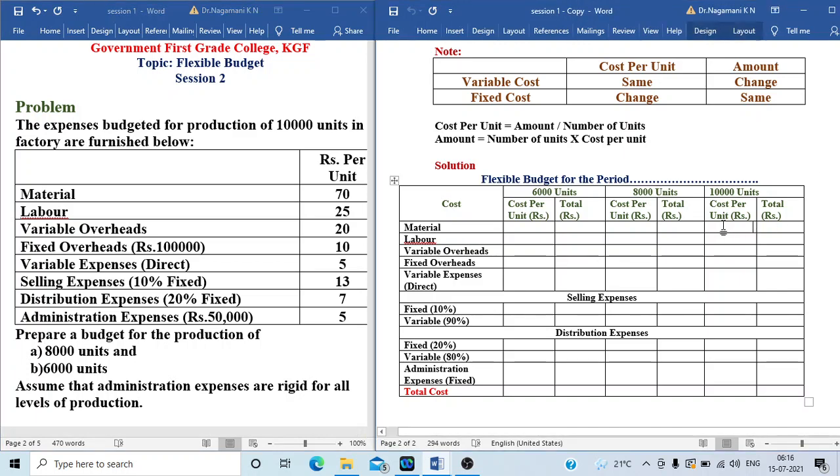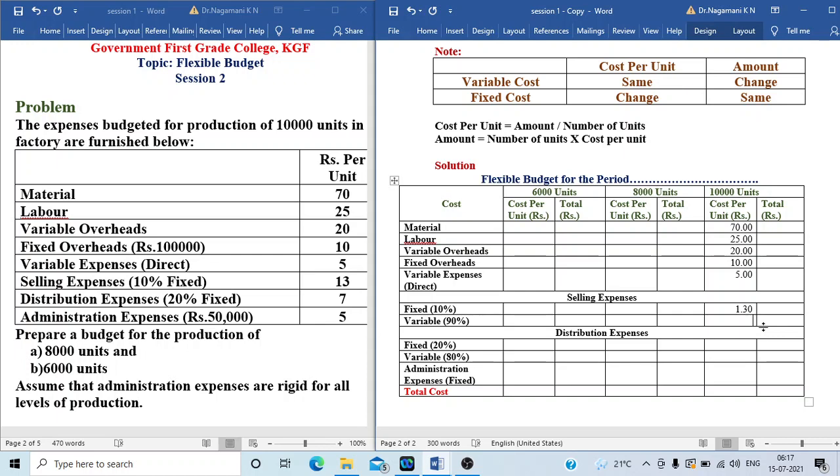For material, cost per unit for 10,000 unit is 70, labor is 25, variable overhead is 20, fixed overhead is 10, then variable expenses direct 5, then selling expenses fixed is 10% and the cost per unit is 13. 13 into 10% is 1.30.